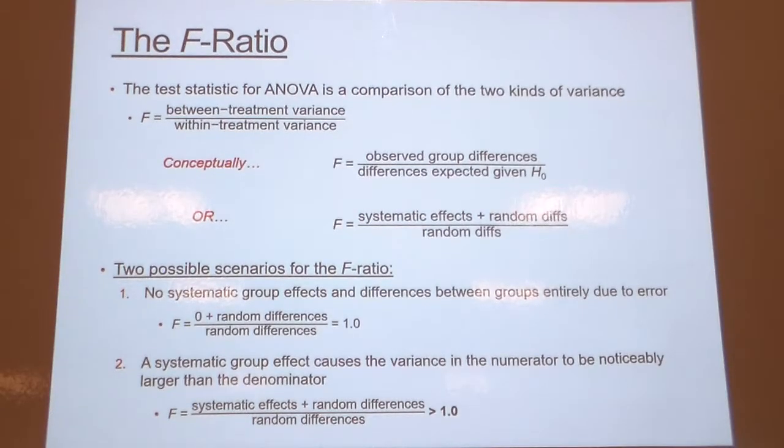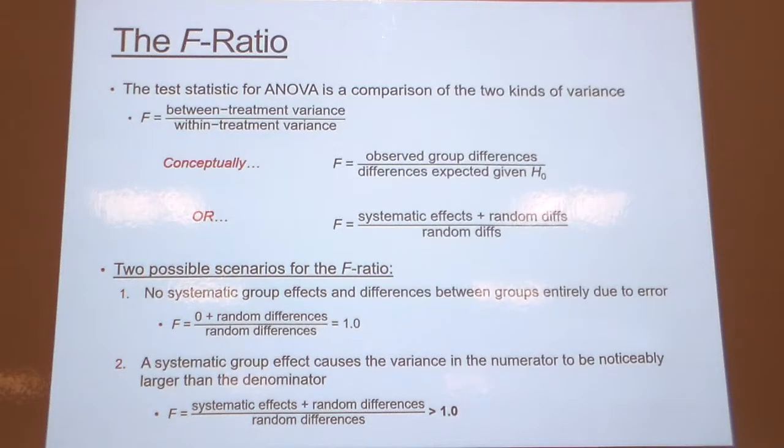So again, our two scenarios here, right? We've got no systematic group differences. The differences we're seeing between group means are all attributable to random error, right? Then we're going to have no systematic differences plus random differences, or just random differences. We're going to get an F value of about 1, right? But if we were layering in, in addition to the random differences, because we're always going to get random differences across our groups, right? There's going to be error across our groups due to sampling and all sorts of different types of factors.